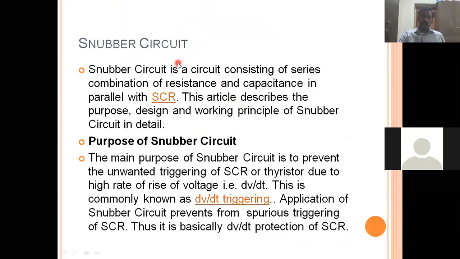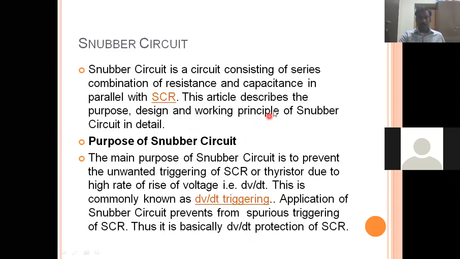Whenever you are going to consider these protection circuits, you are going to have different types of protection circuits. Before moving to this, we need to know what the need for this protection is and from what parameters we need to protect.